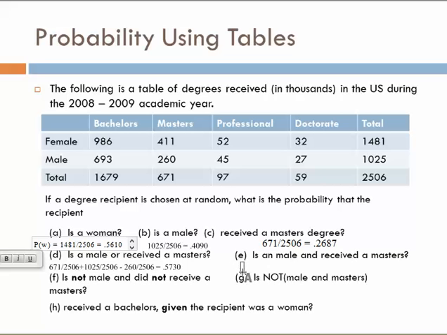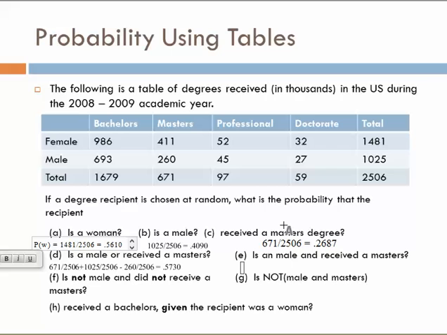All right. The next part says, is a male and received a master's. So the way this is worded, this suggests that it is a male who has a master, right? They are male, and, which means it meets another qualification, they received a master's. Well, how many male master's recipients do we have? The number of male master's recipients we have, we saw in the previous part, on D there, there are 260.